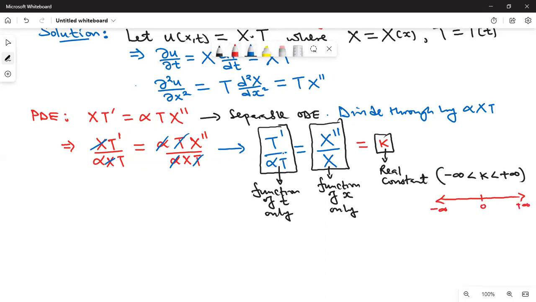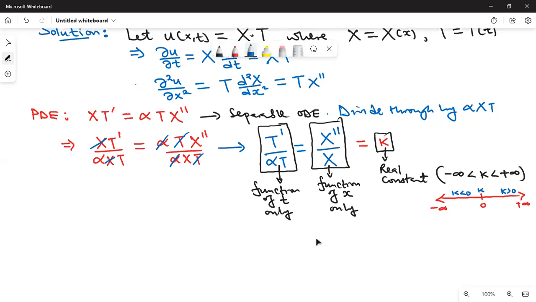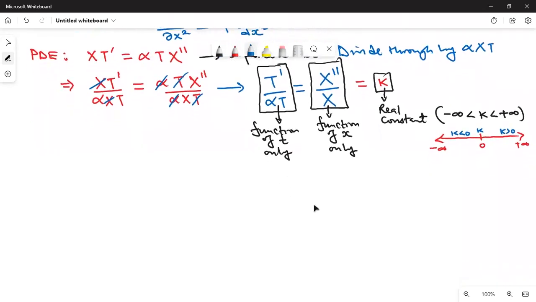So k can either be 0, or k can be a value greater than 0 this side, or k can be a value less than 0. So there are three cases to consider depending on the value of k. Is it less than 0? Is it 0? Or is it greater than 0? Let us call this equation star.